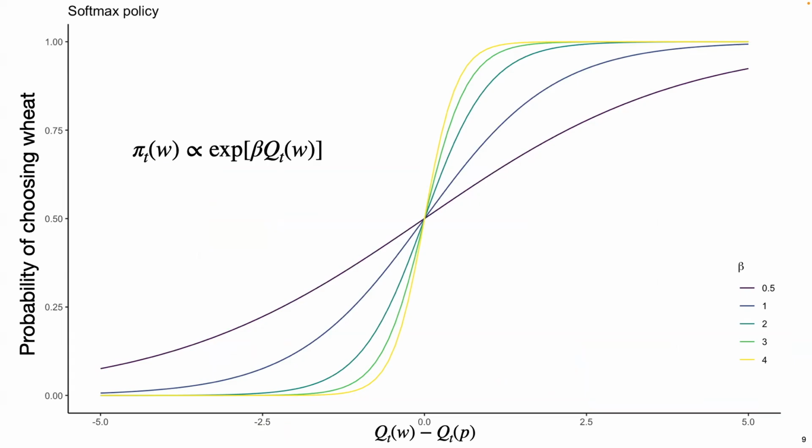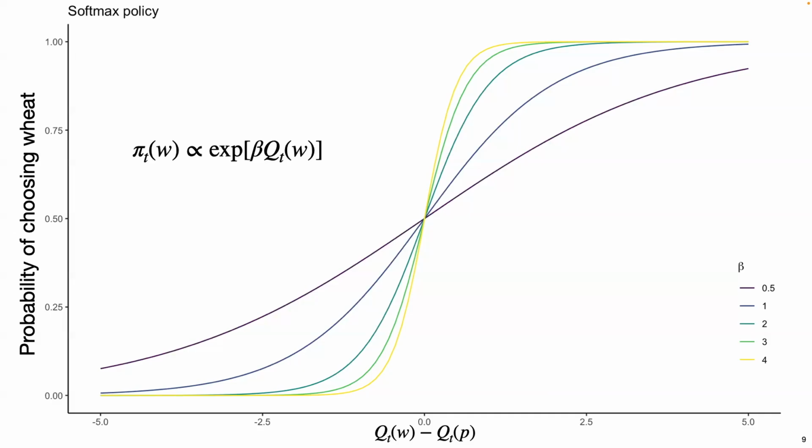The larger the beta value, the more steeply S-shaped this choice probability function becomes, which means that the decision maker becomes more exploitative, more sticky to the option that he believes is best.